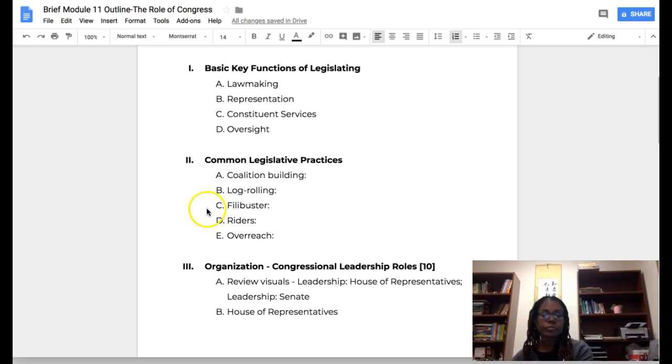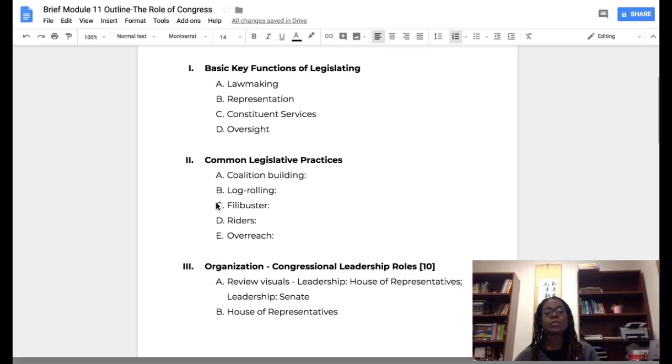A filibuster is a specific tool that's used by the Senate, and the purpose is to actually prevent any kind of final action or final vote from taking place on a specific issue. Only senators are allowed to use this tool, and they can basically use it to either delay or prevent a vote. It depends on many different factors, though.